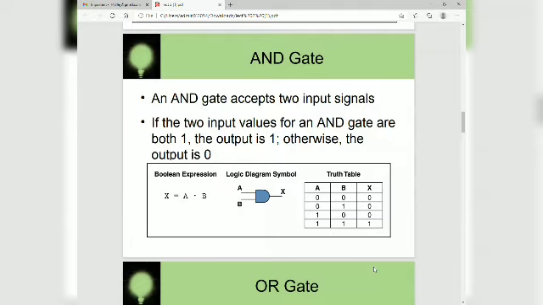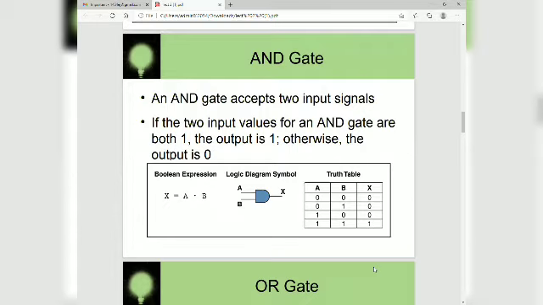Then second gate is the AND gate, and AND gate accepts 2 input signals. The AND gate operation produces a high, that is 1, output if and only if all the inputs of logic circuits are high, that is 1. The AND operator represents logical multiplication.